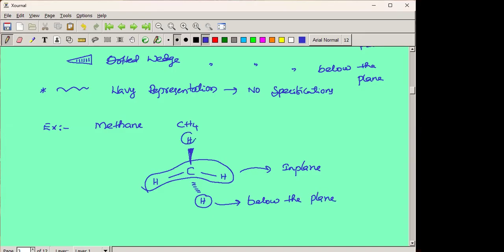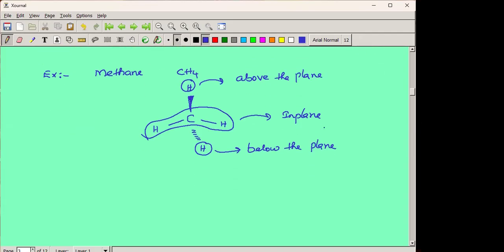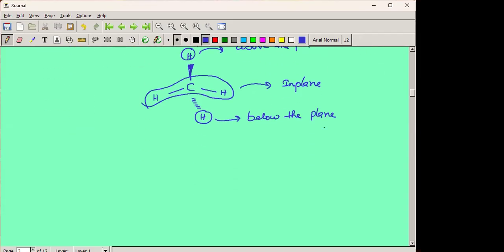And this hydrogen is above the plane. So this is a wedge representation, a simple representation. There is not much difficulty in this representation, right?